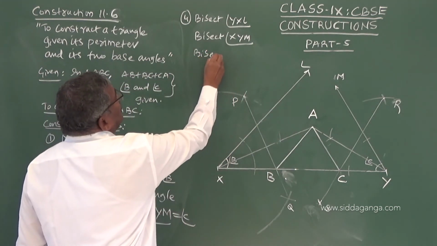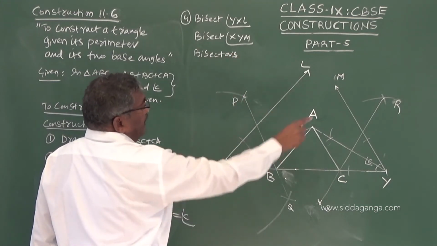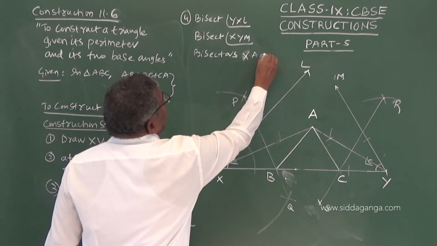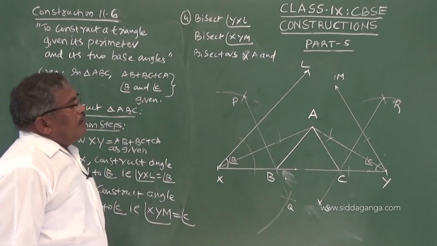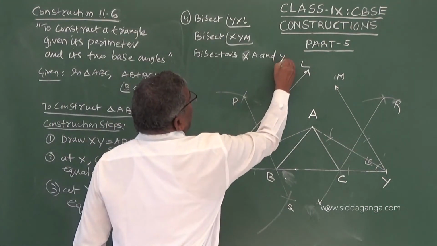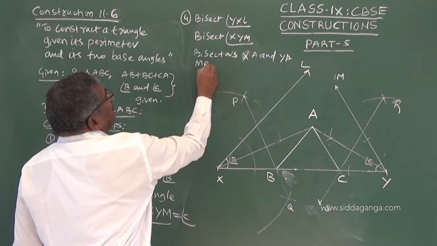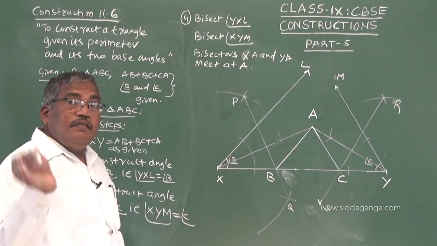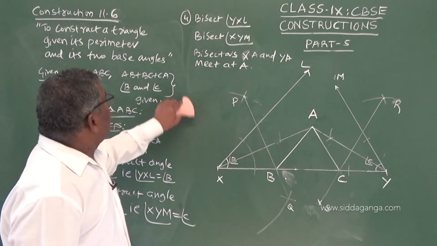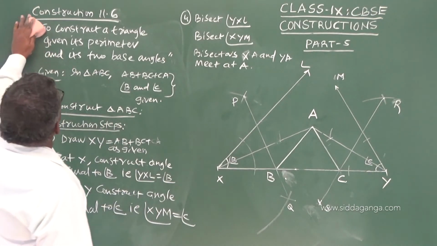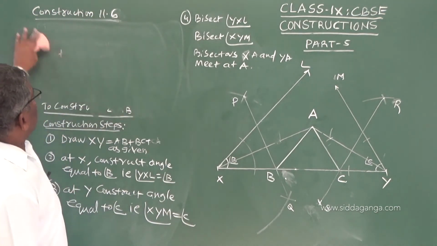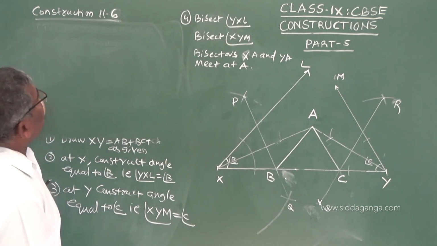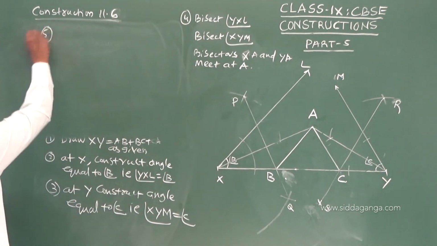The bisectors XA and YA meet at A; you call this point as A. Now I will erase this so that I can write here conveniently. Fifth point.